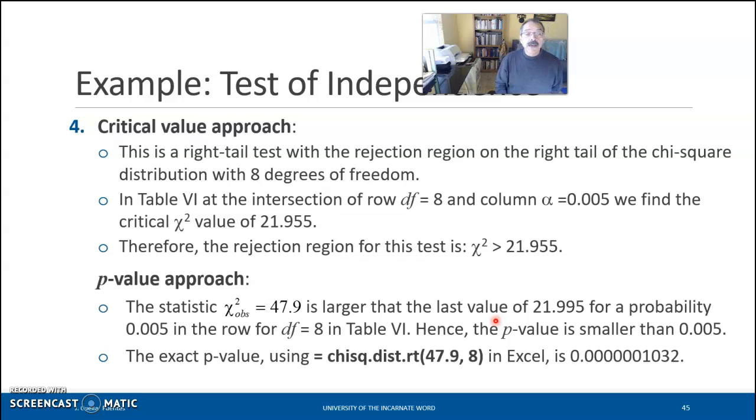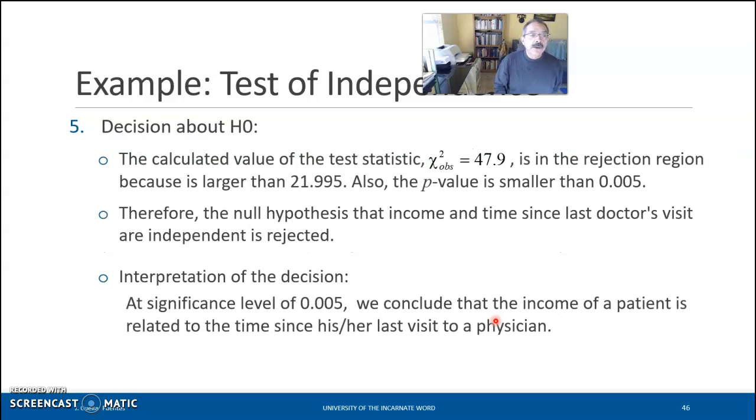All right, now that we have found these quantities, we can go on to make a decision about the null hypothesis. So you see that the calculated value of the test statistic is 47.9, which is larger than the critical value of 21.995. That's telling you that the test statistic is in the rejection region. And also the p-value we know is smaller than 0.05.